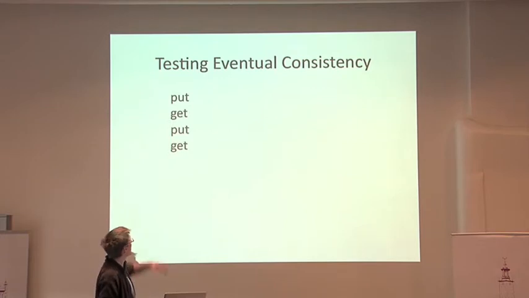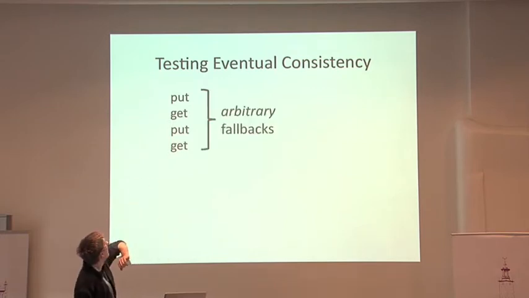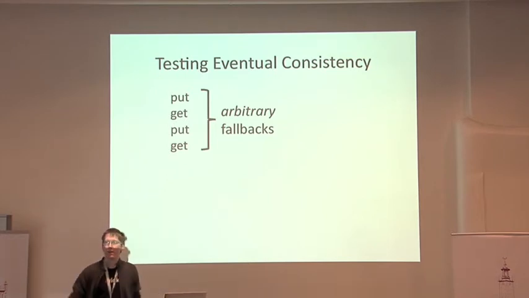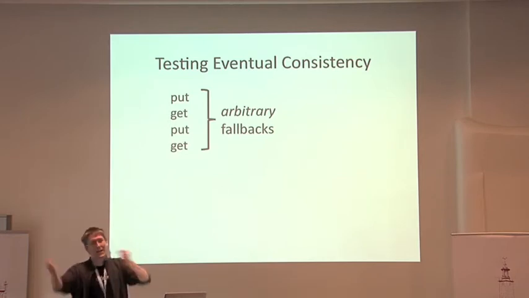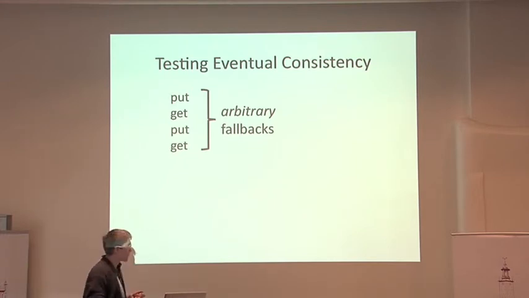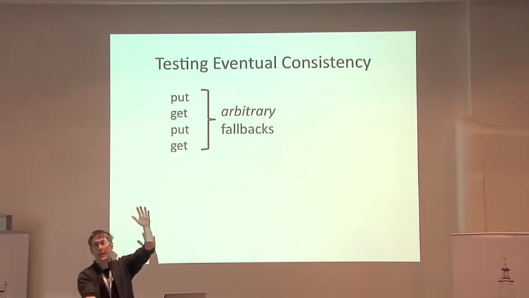We generate a sequence of puts and gets as before, but instead of having one node and always writing to that, these would write the values to arbitrary fallback nodes. So instead of actually taking down nodes, we're just simulating nodes being down by putting values on different nodes. So that's the test case.